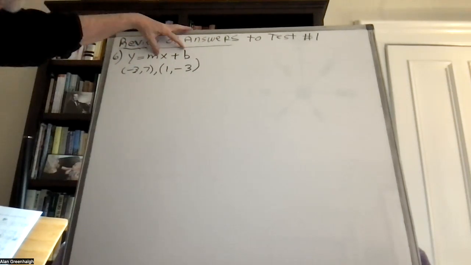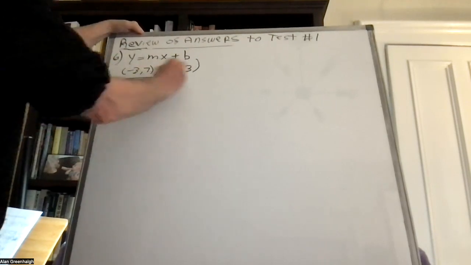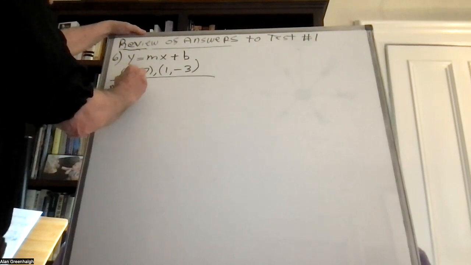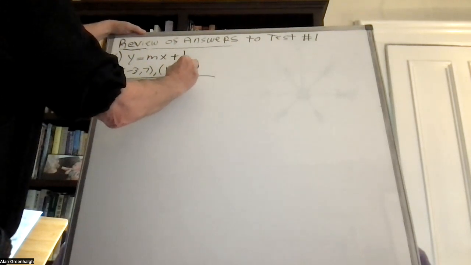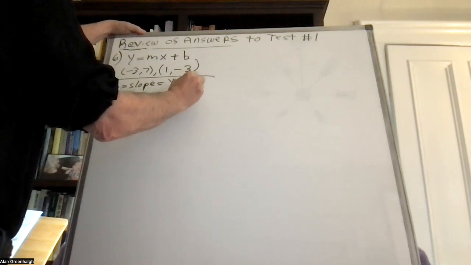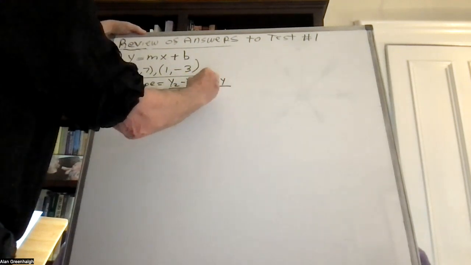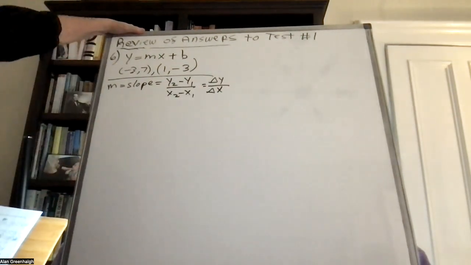The m and the b change. The m is the slope, the b is the y-intercept. So the first thing I'm going to do is find m, which is the slope. And the formula is y2 minus y1 over x2 minus x1. That is the change in y divided by the change in x.